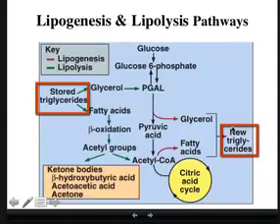If you are interested in what the structure of a triglyceride looks like, refer to the back of your textbook, look up triglyceride, and there should be a figure of it in this chapter. And you can see that what you have is glycerol, which is an alcohol that contains 3 hydroxyl groups, and it's attached to 3 separate free fatty acids.